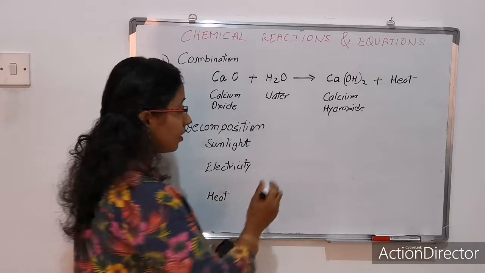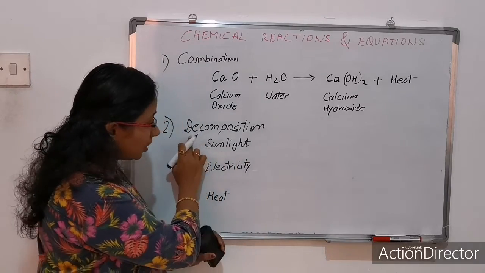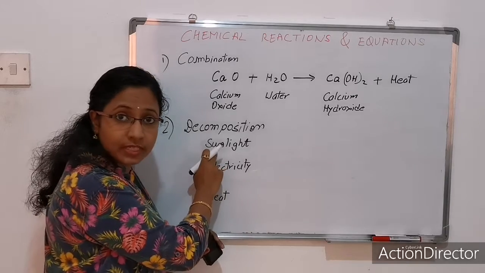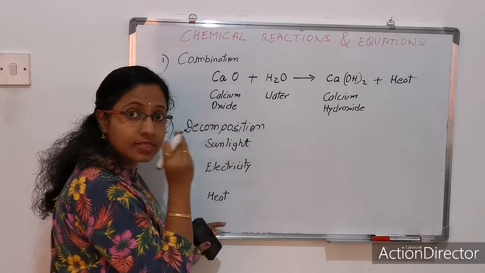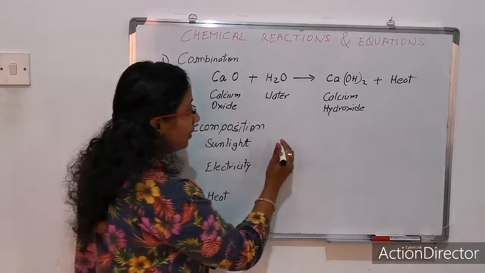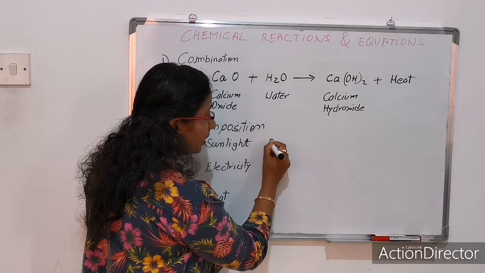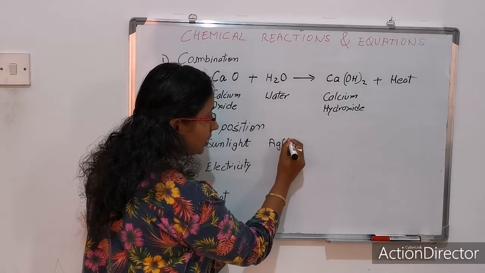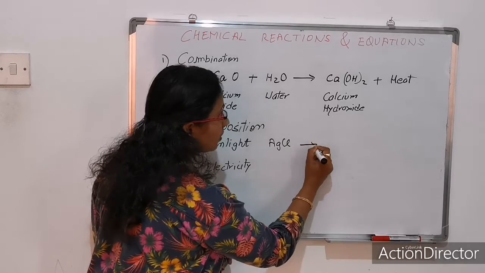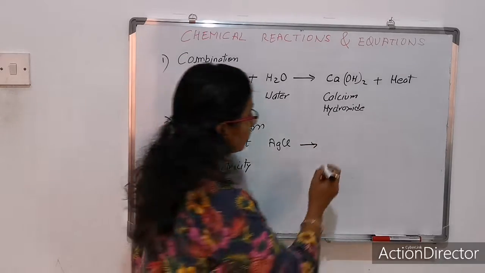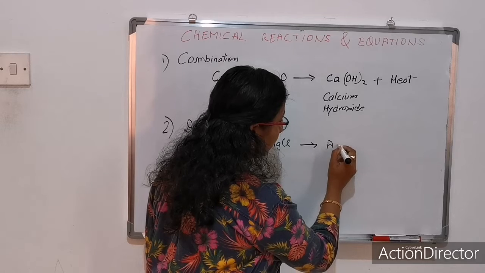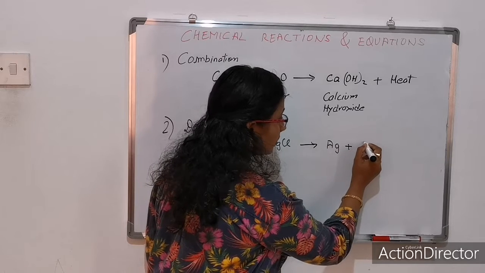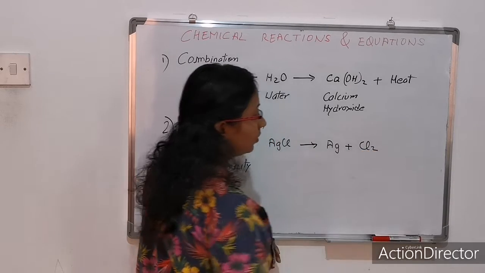Decomposition when the external factor is sunlight. An example is AgCl gives Ag plus Cl2.